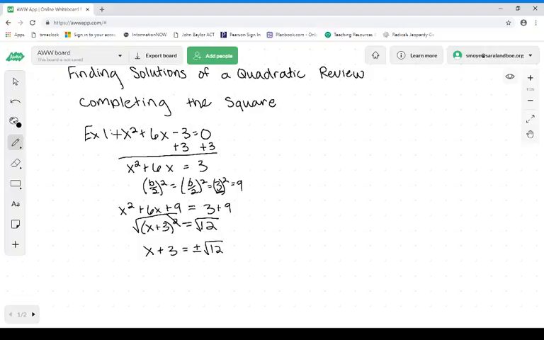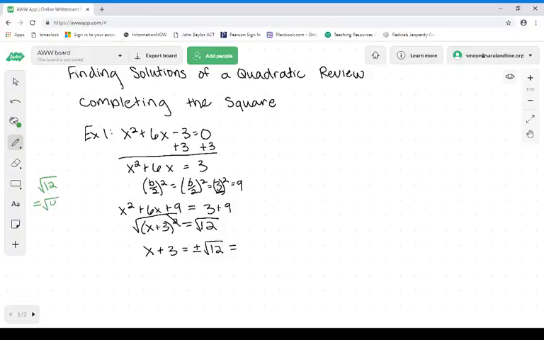When we bring that square root in, we have to think of plus or minus, both cases. And here, we need to try and simplify the radical. So let's go ahead and do that. If we have the square root of 12, 12 is not a perfect square, so I want to think of the largest perfect square that goes into 12, and that's going to be 4.